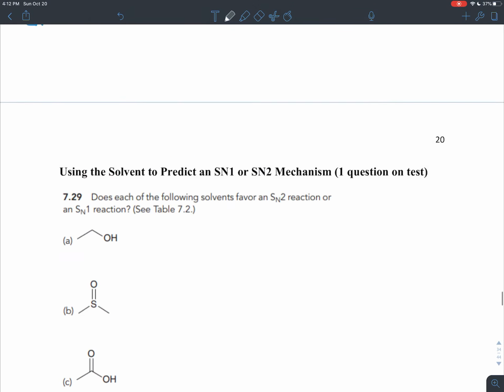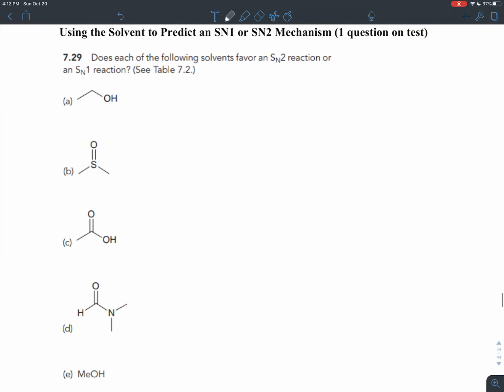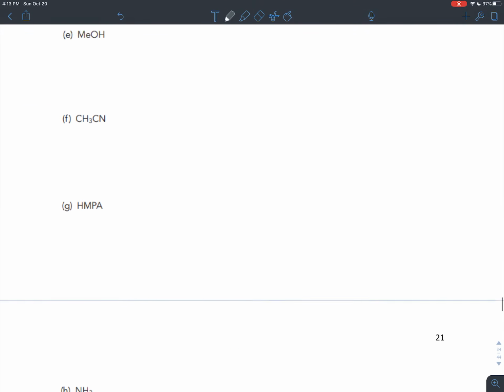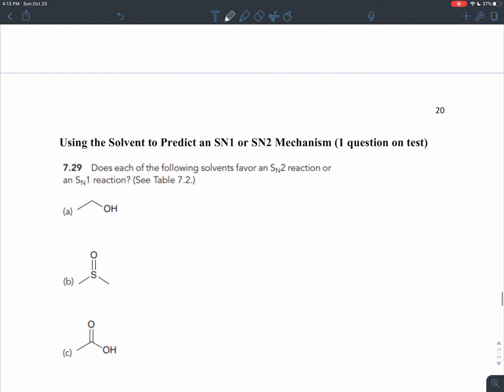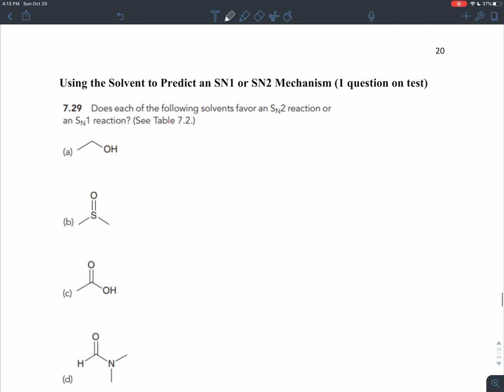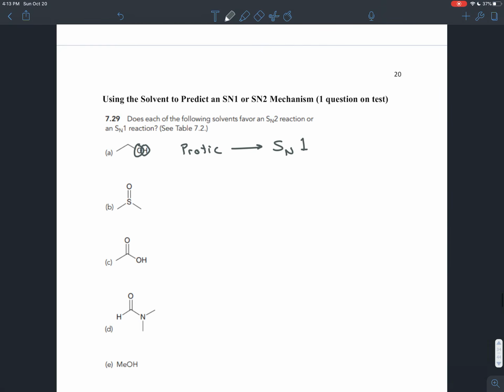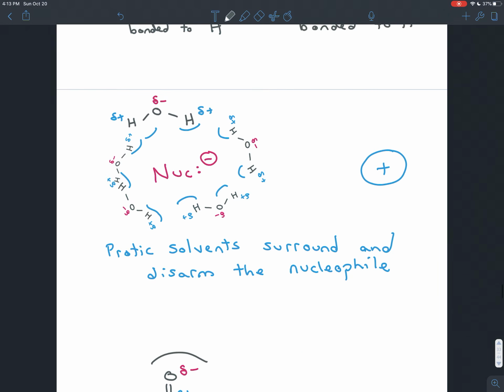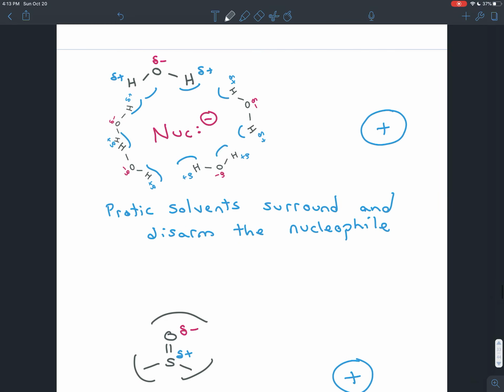So we can use the information we have in this discussion to look at each of these solvents and figure out whether, if these were the solvents, they would favor an SN1 or SN2 mechanism. In this first one, we see a hydrogen bonded to an electronegative element, oxygen. So that is protic, and so it favors an SN1 mechanism, because the OH will be exposed to the nucleophile.